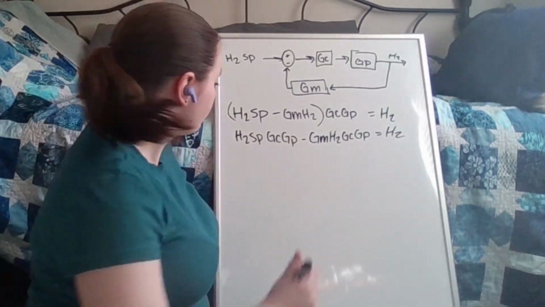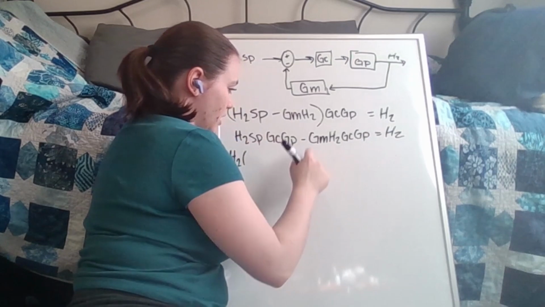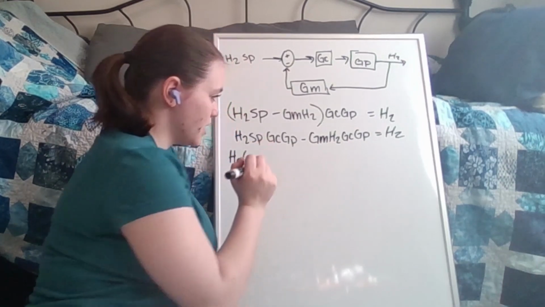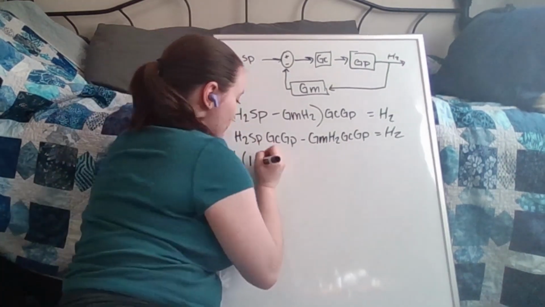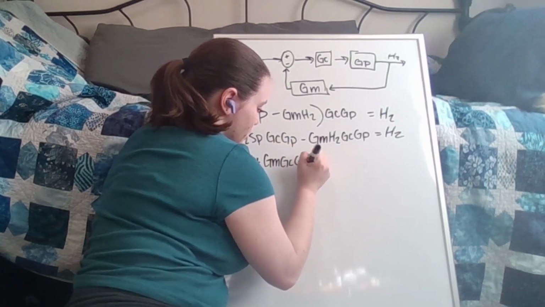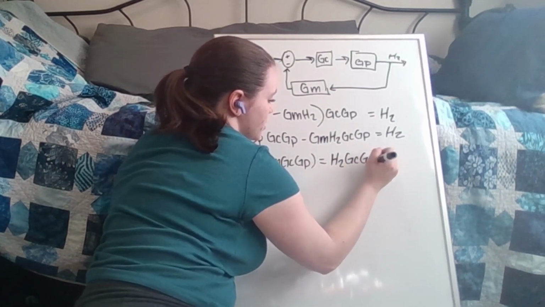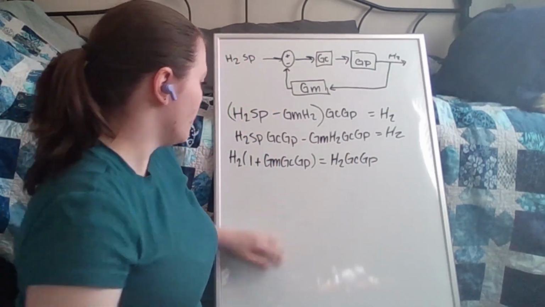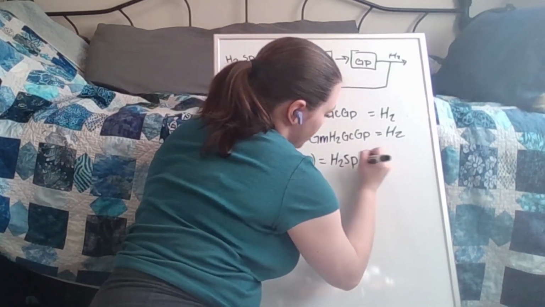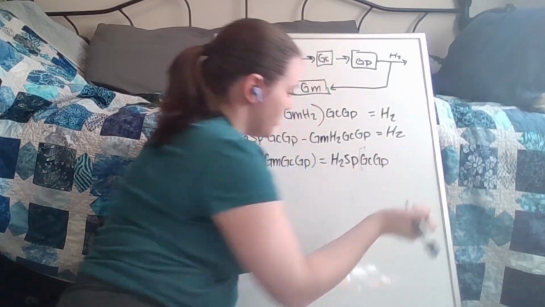So basically we take out our H2, and so we have 1 plus our GM GC GP is equal to H2SP GC GP.